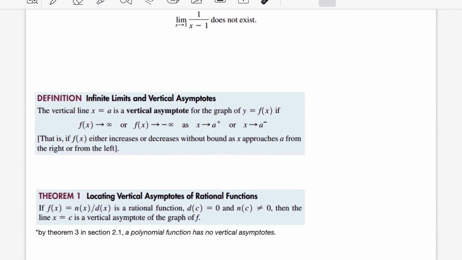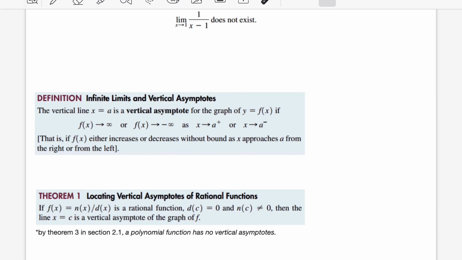Next, we have this theorem here for locating vertical asymptotes of a rational function. So we're told that if we have this function f of x, which is equal to some function n of x over d of x, where for some number c, our denominator d of c is equal to 0 and our numerator is not equal to 0, then the line x is equal to c will be a vertical asymptote of our graph.